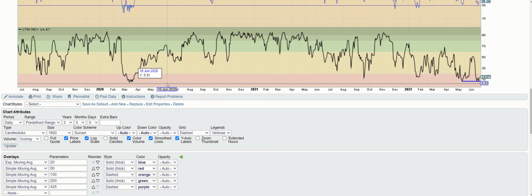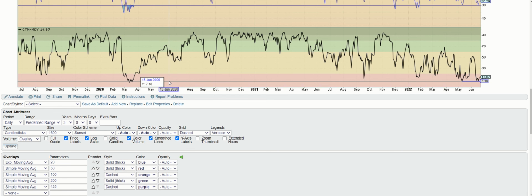We are holding at the March 2020. You see I put that vertical line right across there with the crosshairs? Look over to the right. We are holding the March 2020 low on the trend meter. We are not getting stronger and stronger momentum to the downside. As price is making lower lows, the Chande Trend Meter is holding steady.